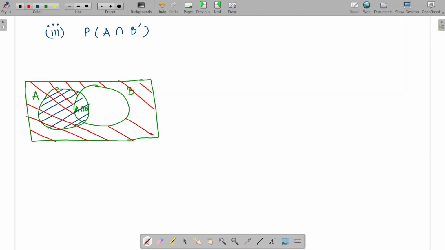Right, so this is the region. Now intersection means the common region of this red line and blue lines. What is that? You can see that the common region is this one. Right, this is the common region.